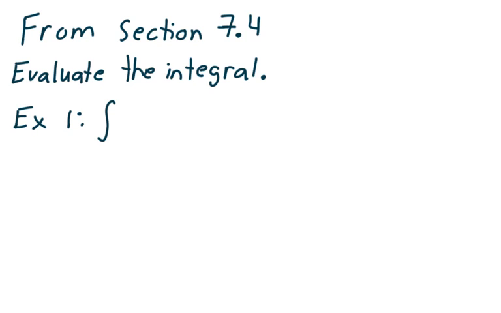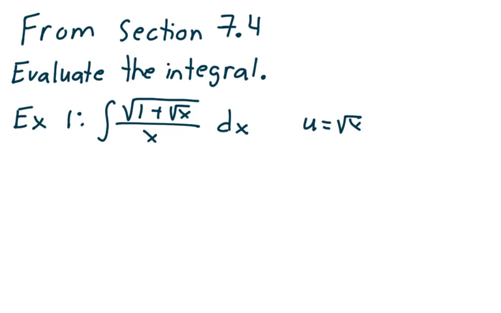Suppose we have the integral of square root of 1 plus the square root of x divided by x dx. And so I'm going to let u equal the square root of x. So u squared is x, and dx is 2u du.